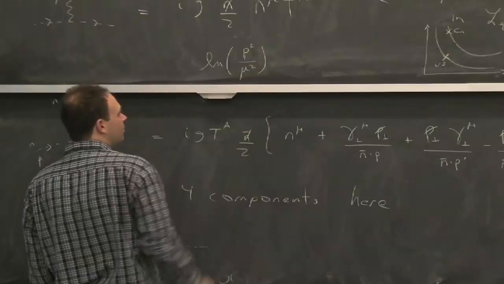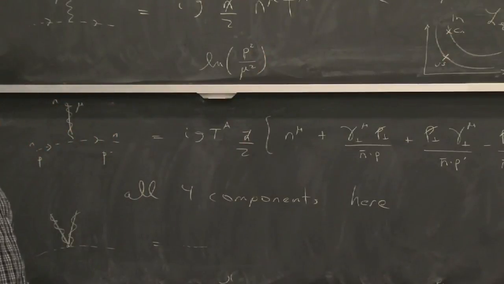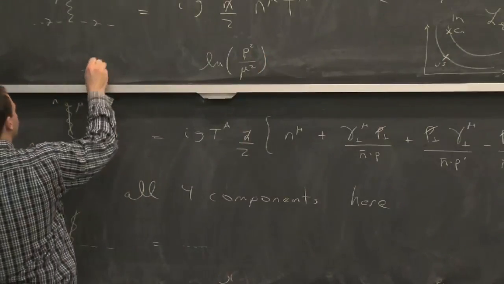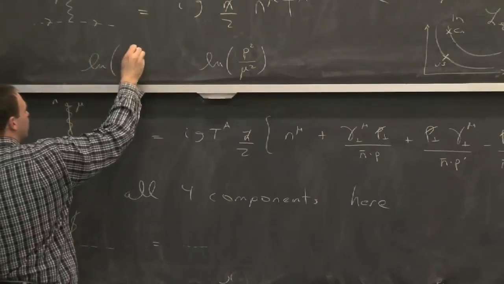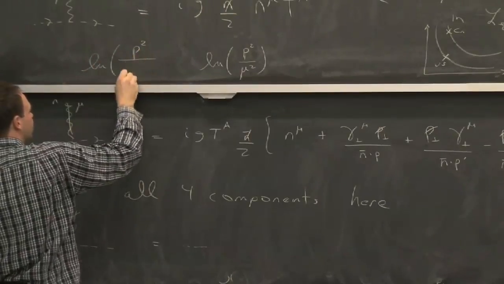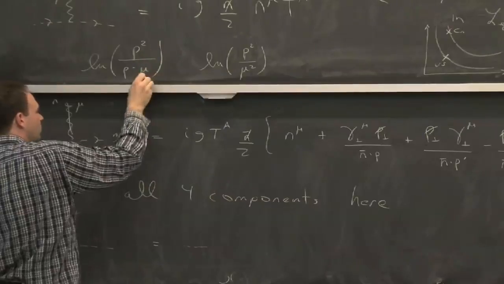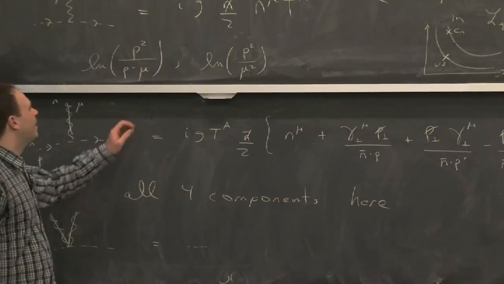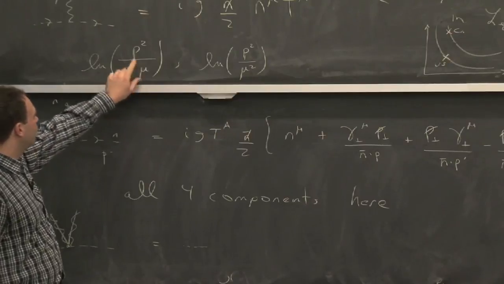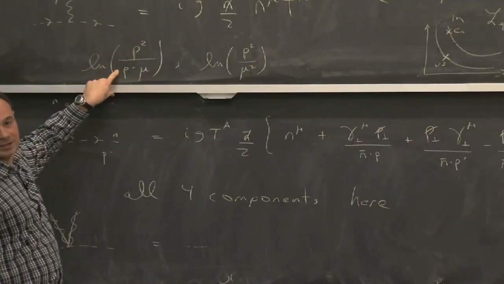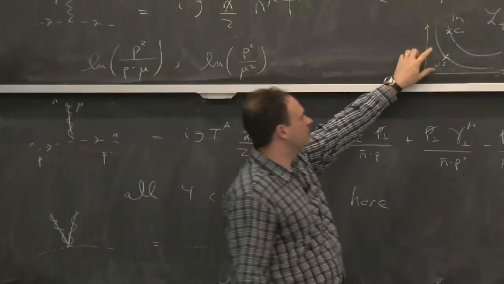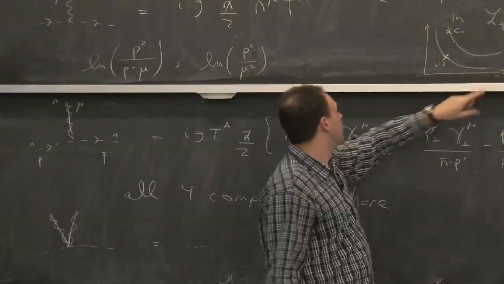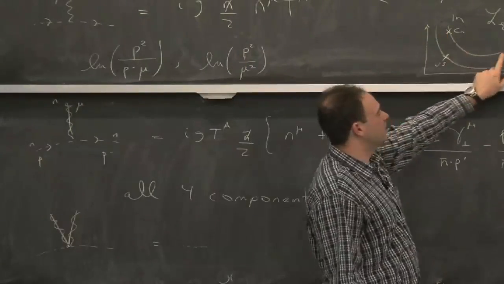You could have infrared divergences that would be like that. But there's also, when you do some diagrams, infrared divergences that could look like this. I'm just telling you something that you'll have to trust me on. And this is coming from an ultrasoft scale, P squared over P minus, that's the scale of this hyperbola. And the P squared here is the scale of this hyperbola.